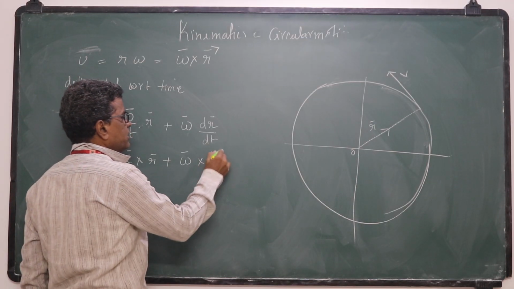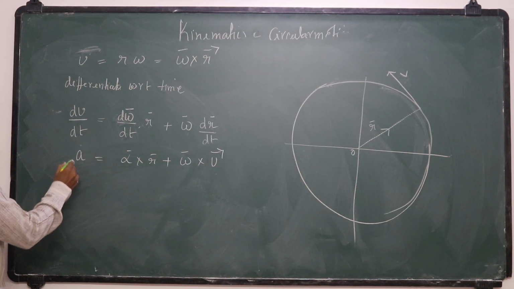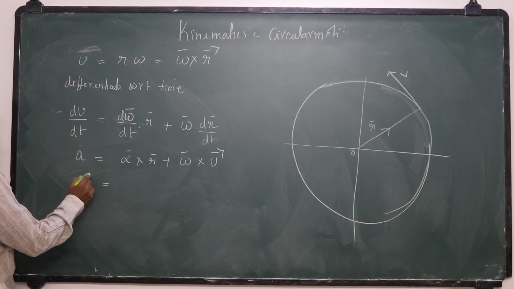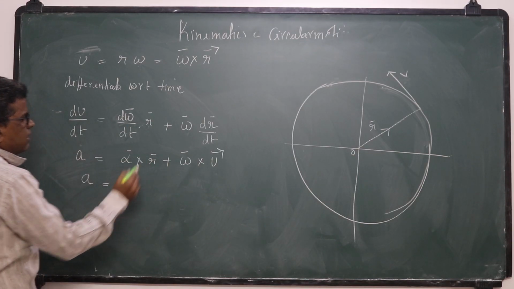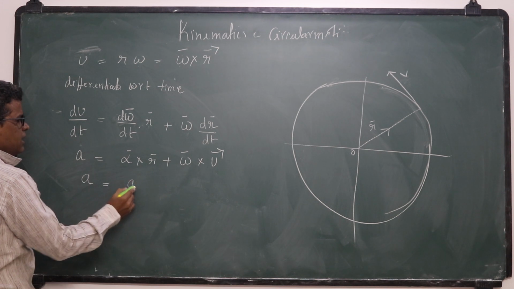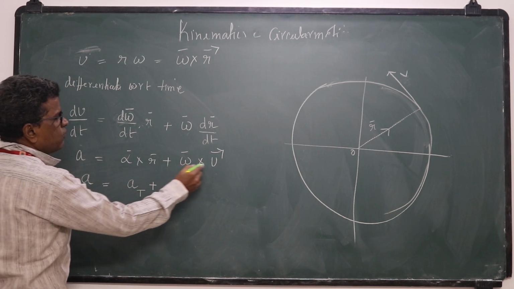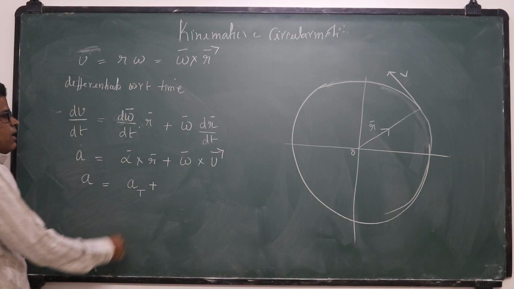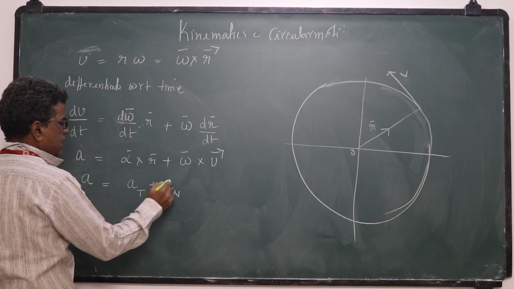It gives velocity. So this acceleration possesses two types of components. A is equal to alpha bar cross R bar, this is the tangential acceleration at, plus omega bar cross V bar, that is the normal acceleration an.